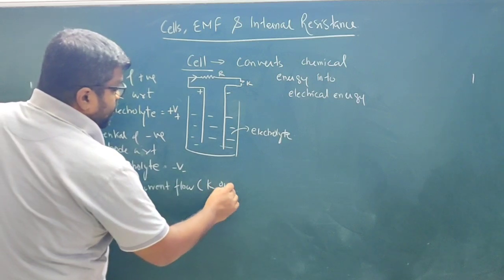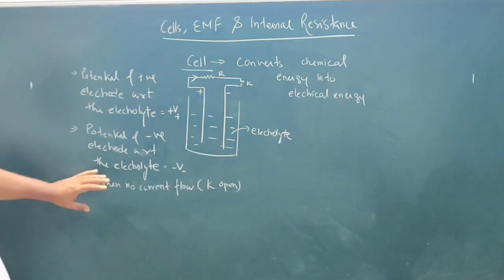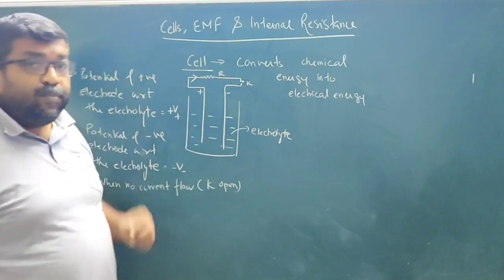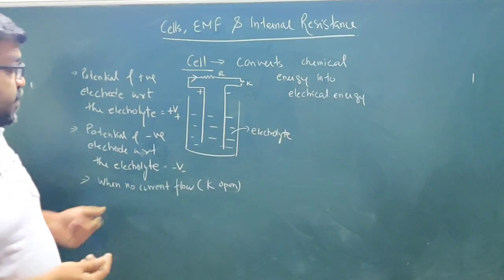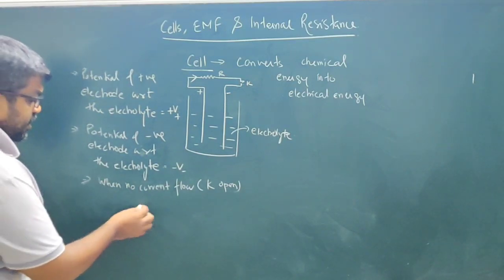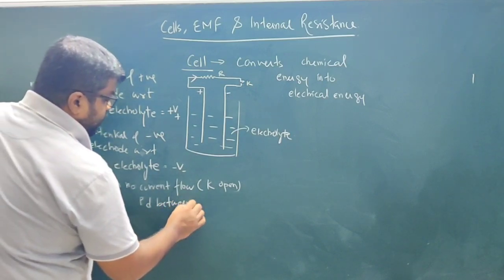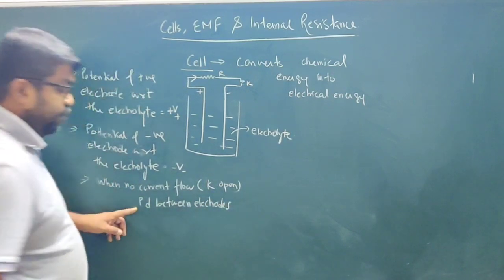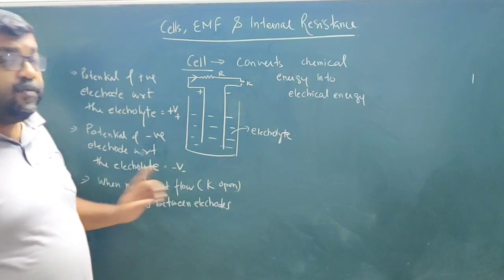Then we have these two electrodes at two different potentials, so there must be a potential difference between the two electrodes. Remember, we are measuring this potential difference when the key is open and no current is flowing.